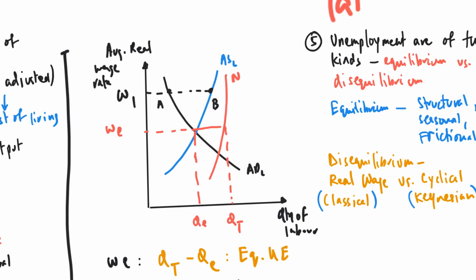So this gap CD is my equilibrium unemployment, and this gap is my disequilibrium unemployment if the wage goes above equilibrium.